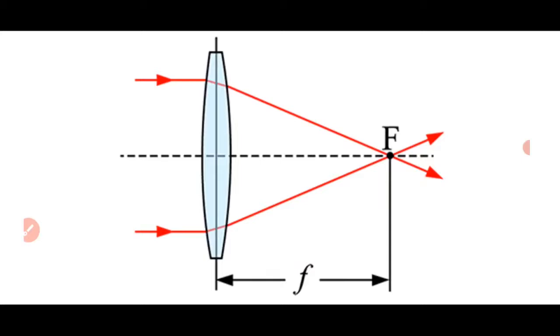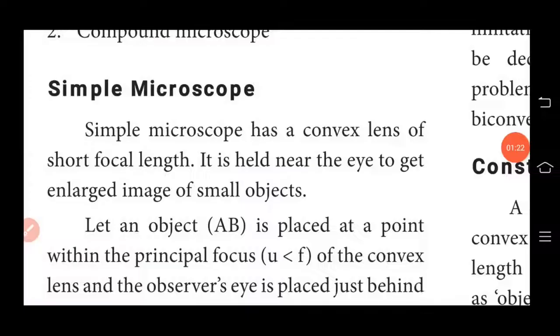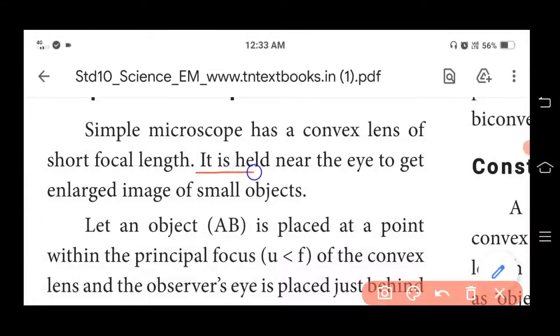So once again, focal length is the distance between the principal focus and the optic center. Students, it is held near the eye to get an enlarged image. Enlarged image means a big size image of small objects.